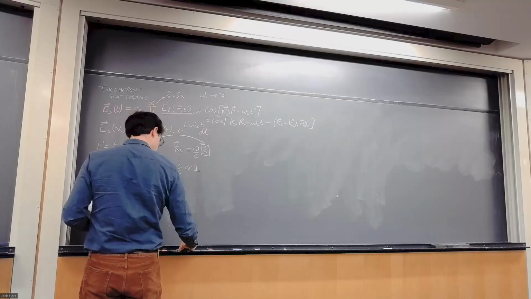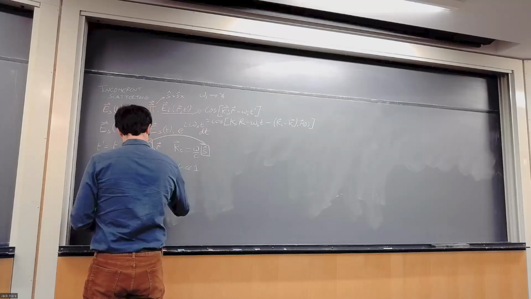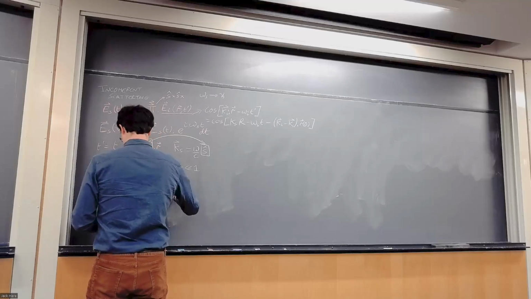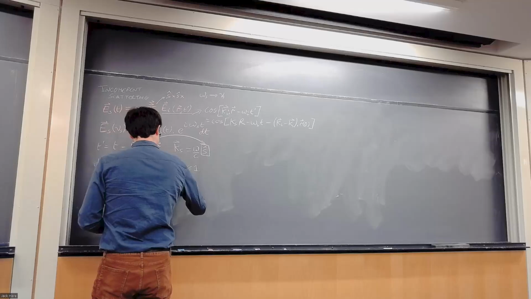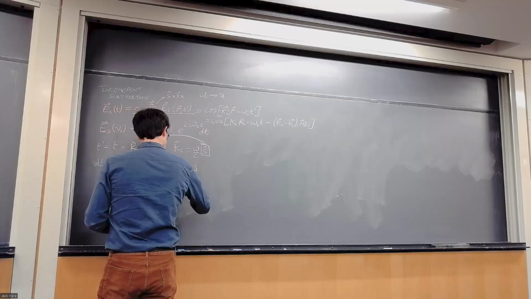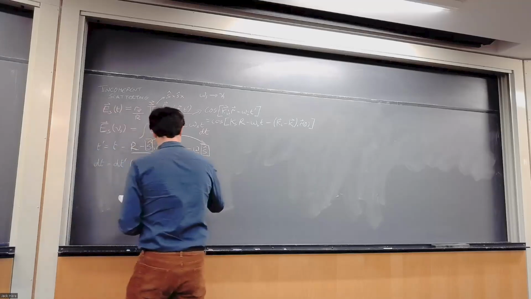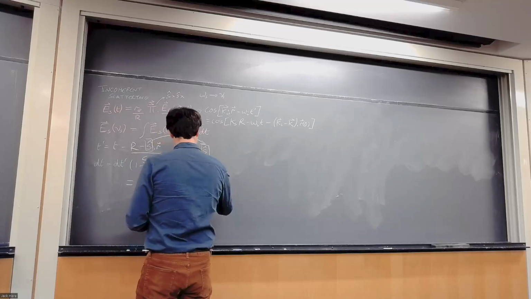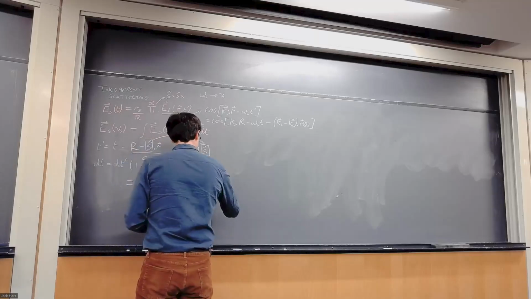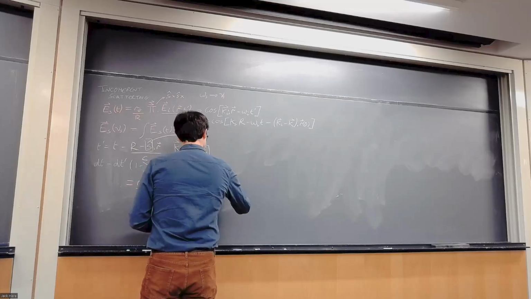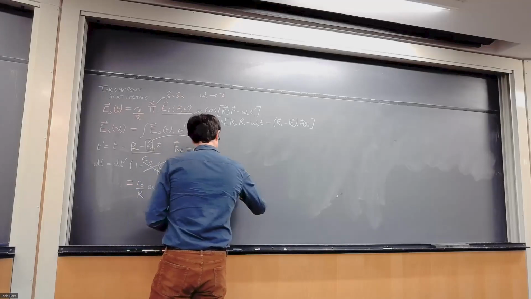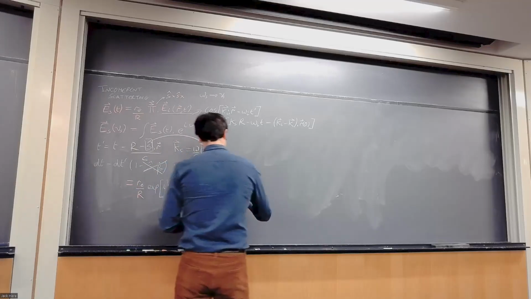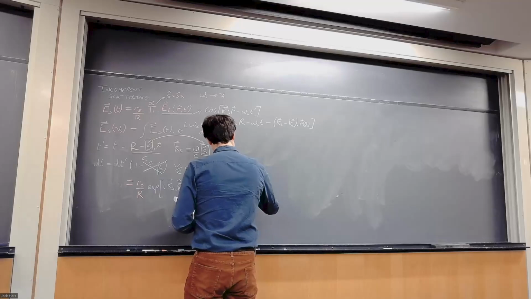I'm going to bring this phase factor exponential of I ks dot r out of the front here. But what I'm going to leave inside the integral is the tensor pi dotted into the incident electric field at r and t prime.